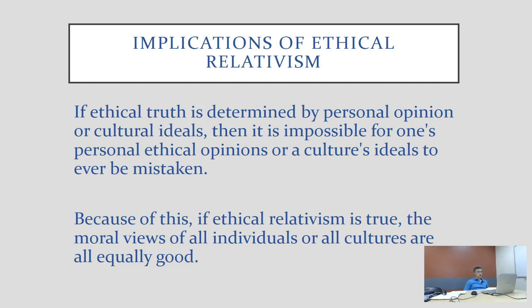If ethical truth is determined by personal opinion or cultural ideals, then it is impossible for one's personal ethical opinions or culture's ideals to ever be mistaken. In other words, the individual is infallible, cannot err. A culture is infallible, can never err. Because of this, if ethical relativism is true, the moral views of all individuals or all cultures are equally good. That's the marker I laid down earlier.